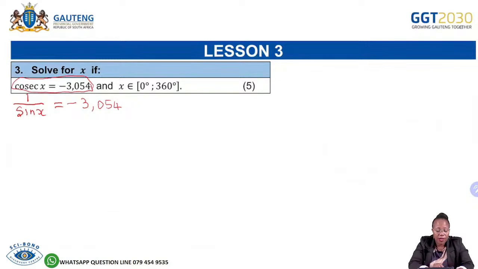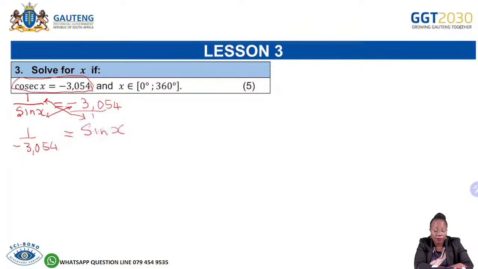And then from here, we want to solve for sine, so we are going to cross multiply. 1 times 1 will be 1 over minus 3,054, and the sine will go to this side, and then it will be sine x there. We have cross multiplied.